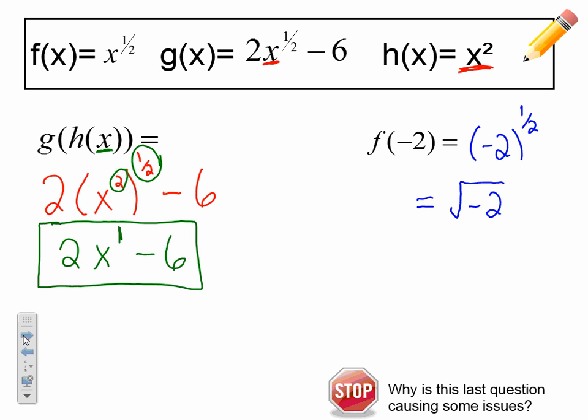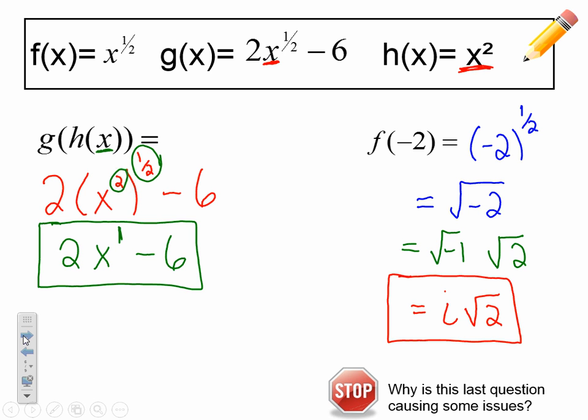If we type this into our calculator, we're going to get an error because of this negative sign. So we have to take it out. So we take out the -1 and the 2. Remember, square root of -1 equals i. So this one's going to be i times the square root of 2. Very important for us to remember, okay? We can't have any negatives underneath our square roots.